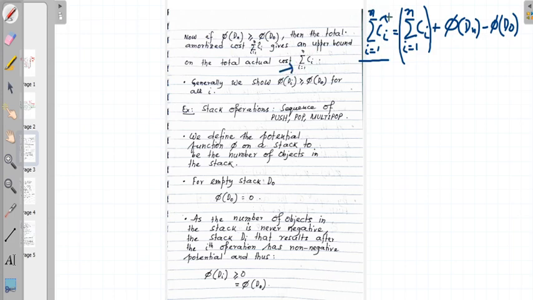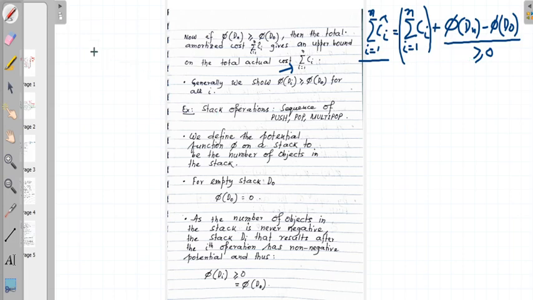That means the amortized cost is always greater than or equal to the actual cost c_i. When will this happen? When phi of d_n minus phi of d_0 is greater than or equal to 0. At that time, the amortized cost is the actual cost plus some positive quantity.